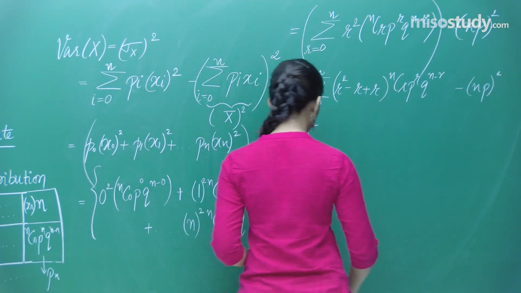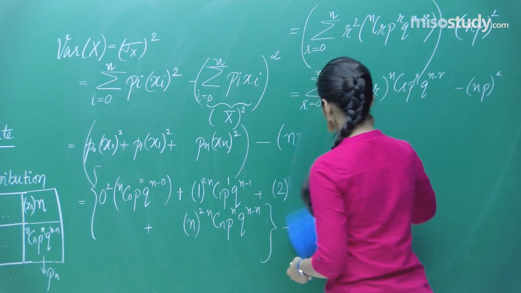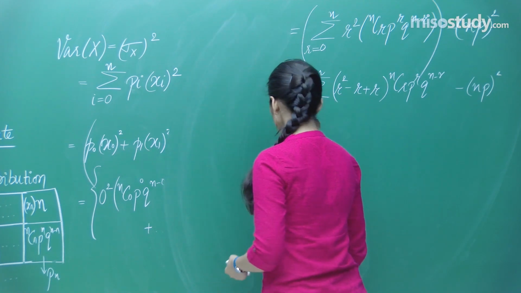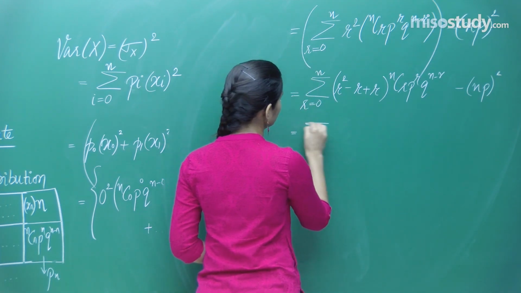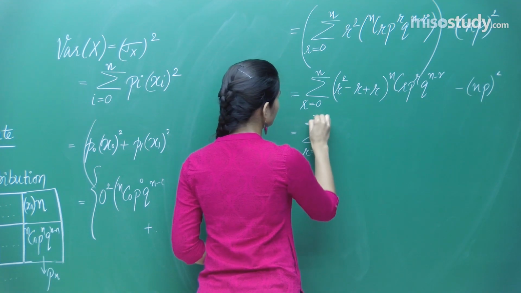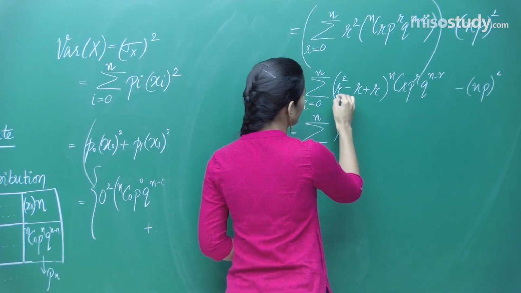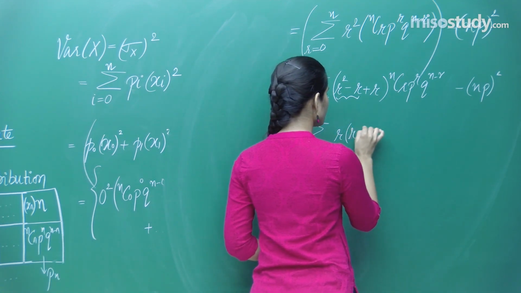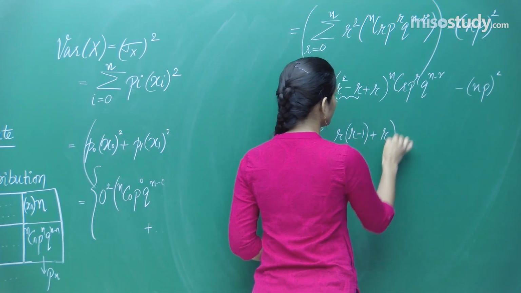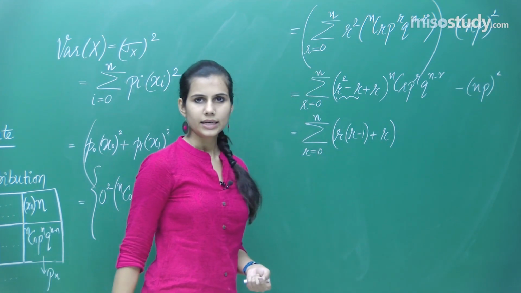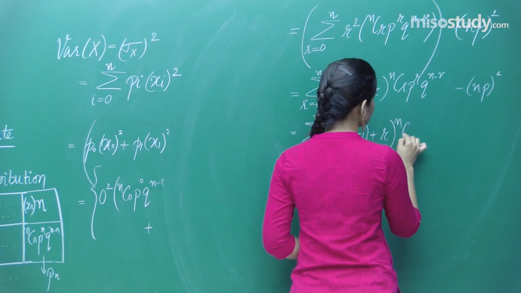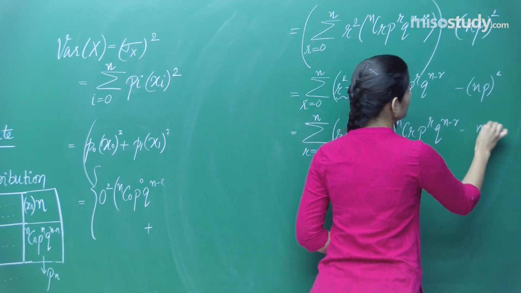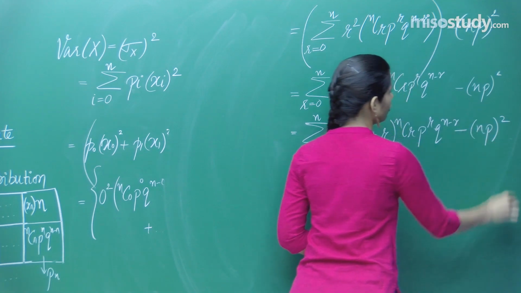So here what is going to happen is you will get summation r going from 0 to n. From here you can see r is coming out common. When you take out r common, you are left with r minus 1 plus r. Clear? And then you have ncr p to the power r q to the power n minus r, minus np whole square.